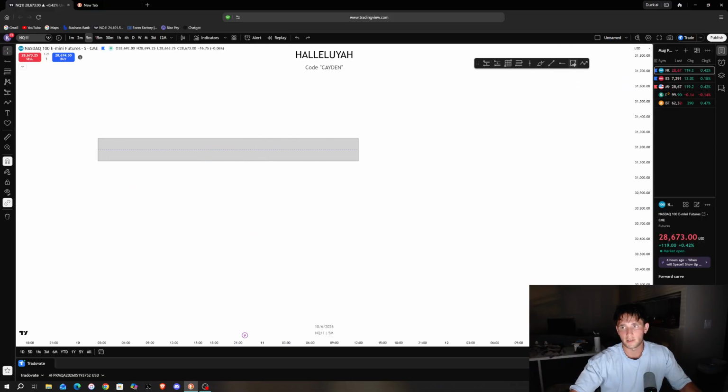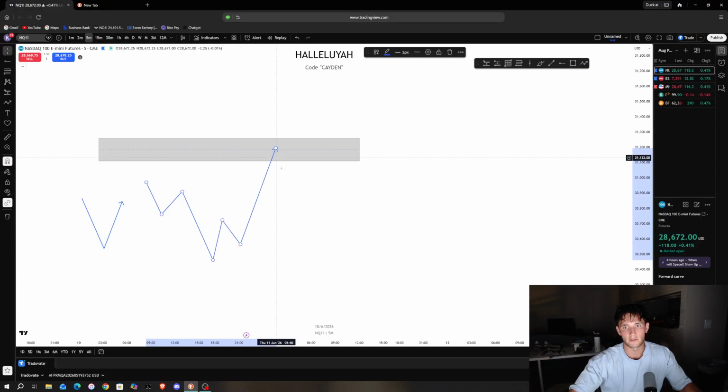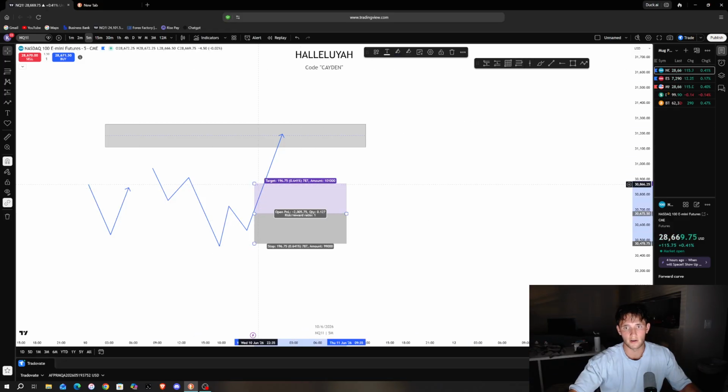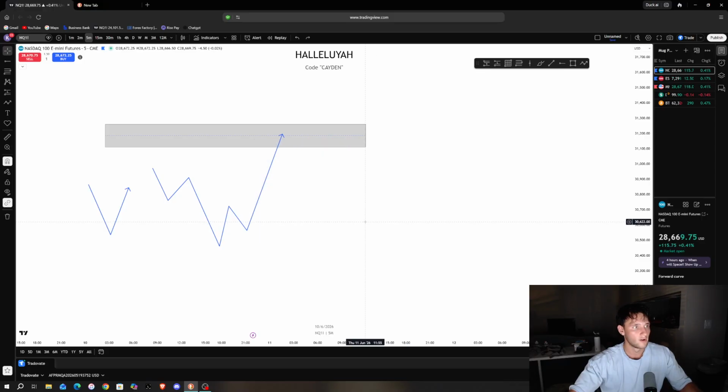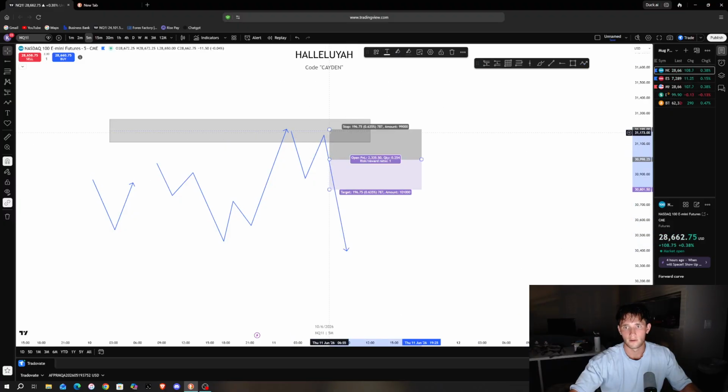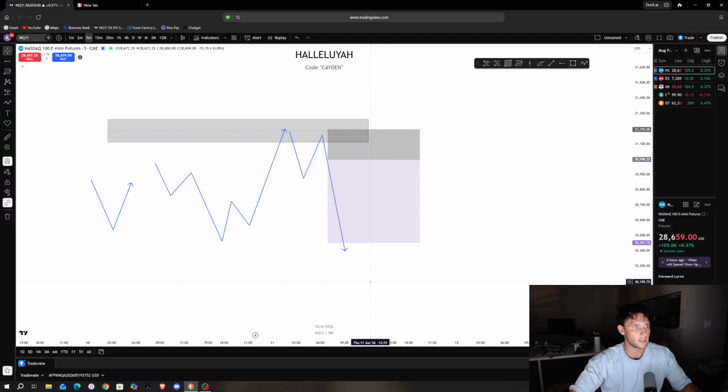Or same scenario, reverse it. You got a low here, price opens, takes out the low, goes to the imbalance. Like, boom, we sweep liquidity, we go towards the imbalance. Or we tap into the imbalance and then go towards the liquidity. Okay, you kind of get what I'm saying here?